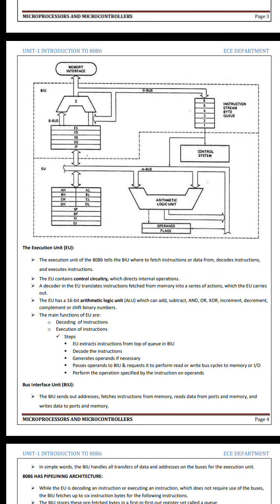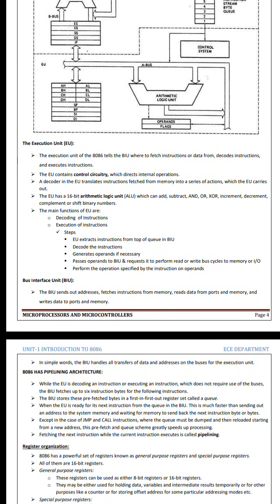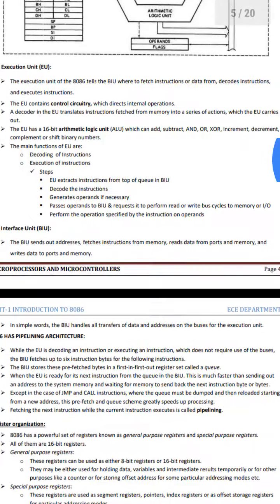The main features of the execution unit are the decoding of instructions by the control system, and the arithmetic logic unit. So it decodes the instruction and the instruction is executed in the execution unit. How it executes, it has some sequence.